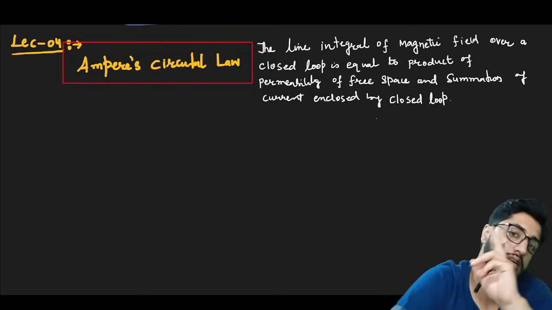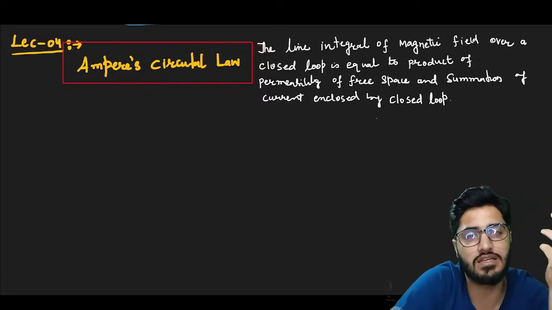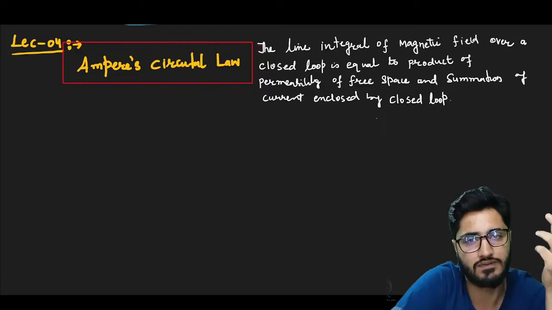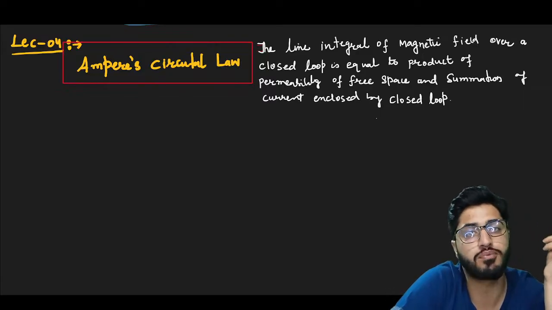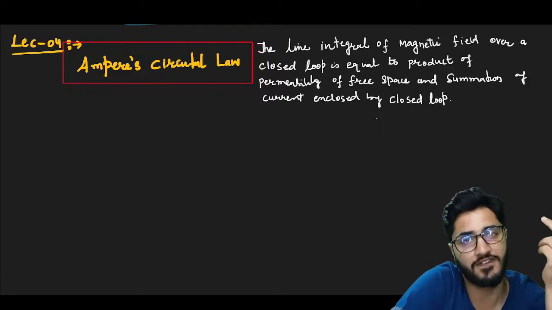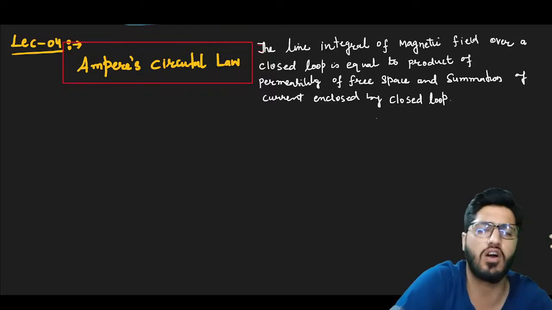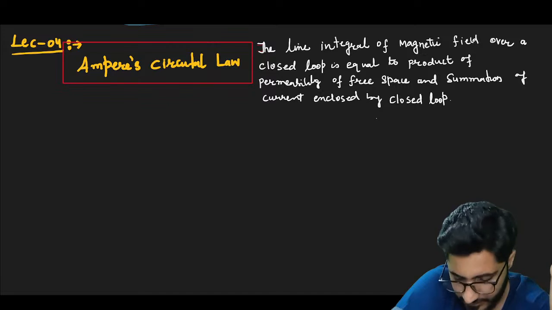In Gauss's law, we were dealing with an imaginary surface, integral of E dot dA equals summation of q by epsilon naught. There we were using a Gaussian surface, an imaginary surface. So this law is a replica of Gauss's law.